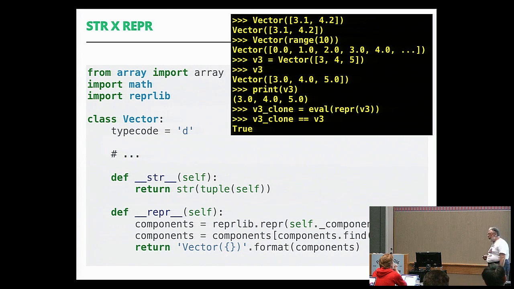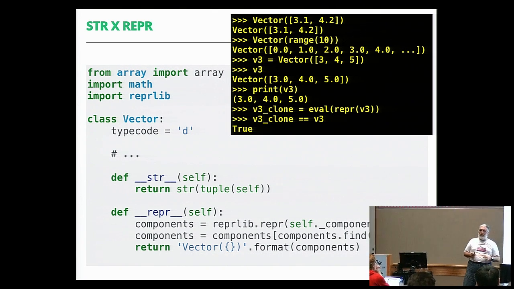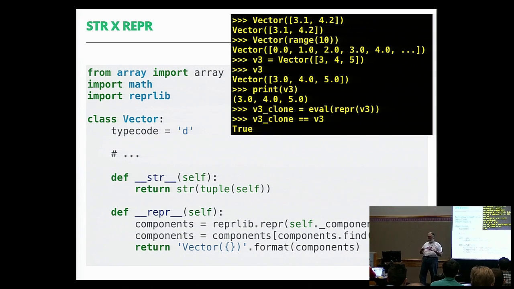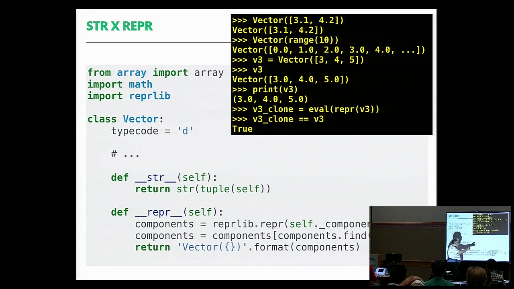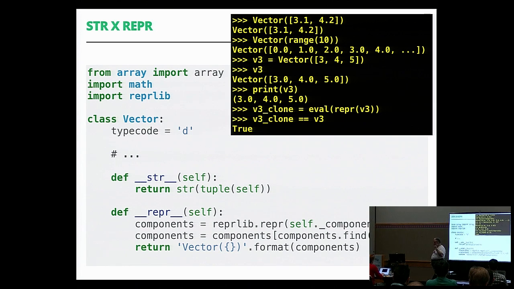And that function is smart in several ways. One of the ways that it's smart is, by default, if a collection has too many items, for some definition of too many, it will just display the first ones and add an ellipsis, actually 3 dots at the end.